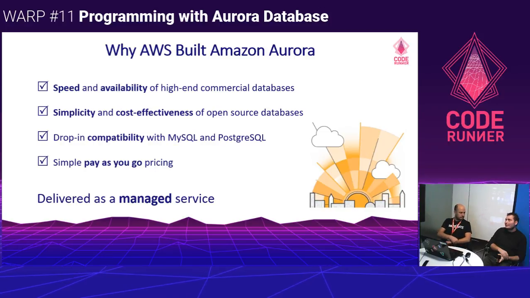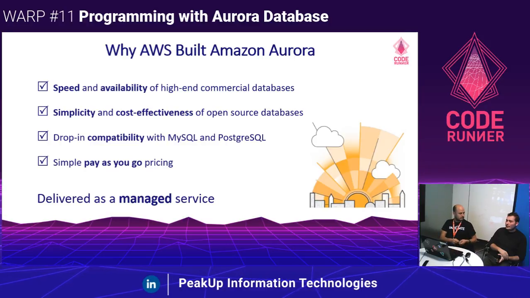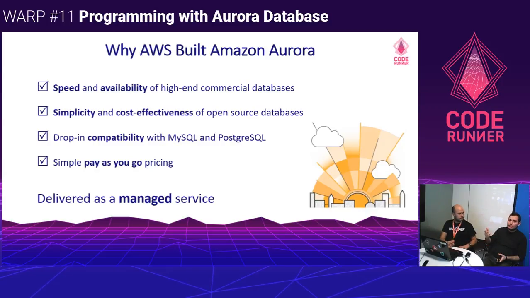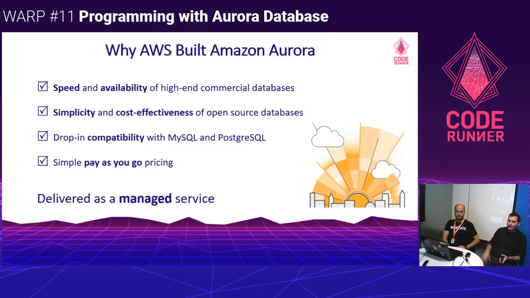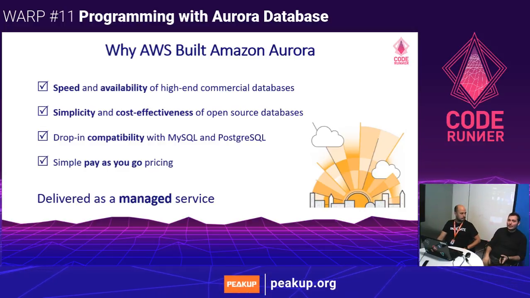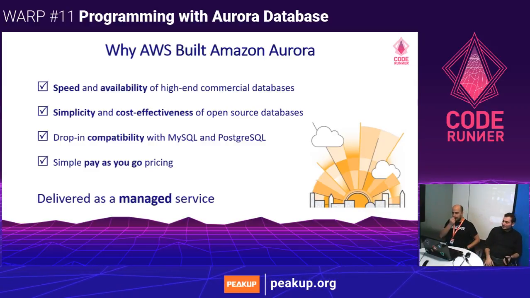The RDS service always runs the base service underneath, be it MySQL or PostgreSQL, but Amazon Aurora is specifically designed to scale and to be used in serverless architecture services. Because of that, it's pretty scalable and faster.